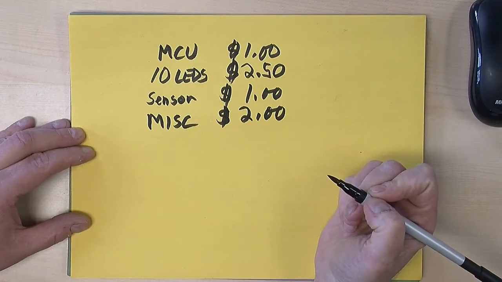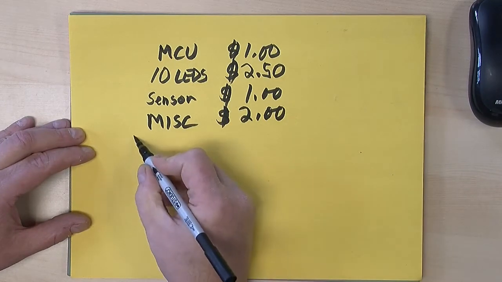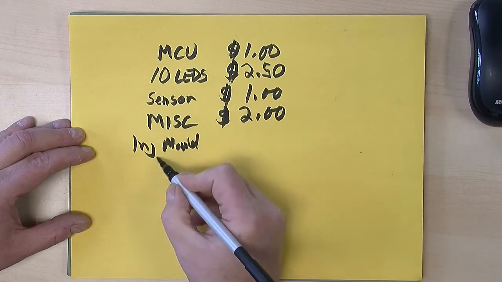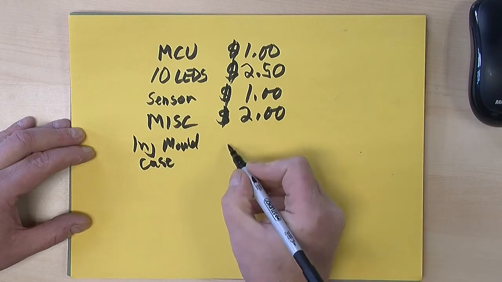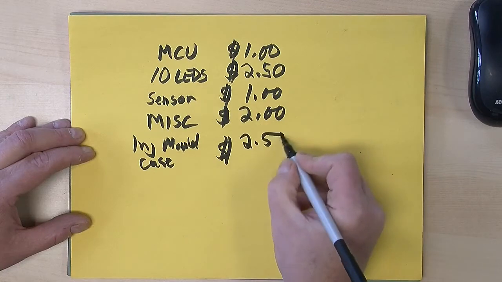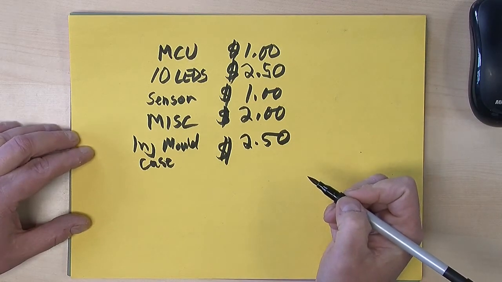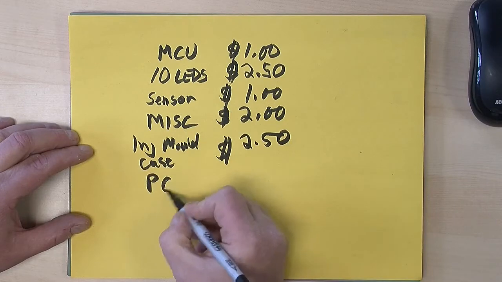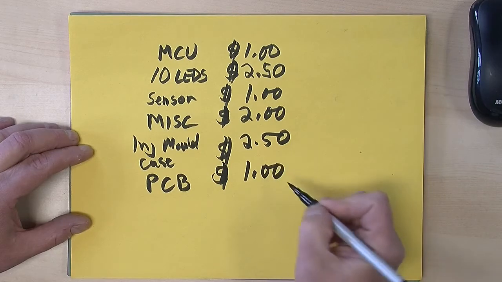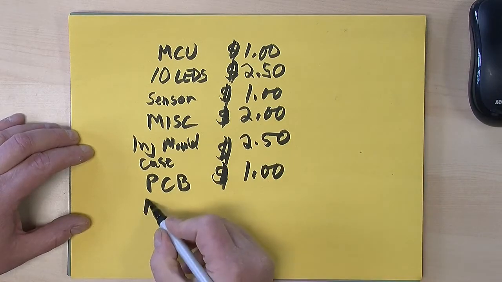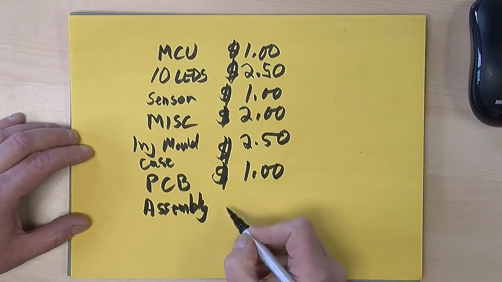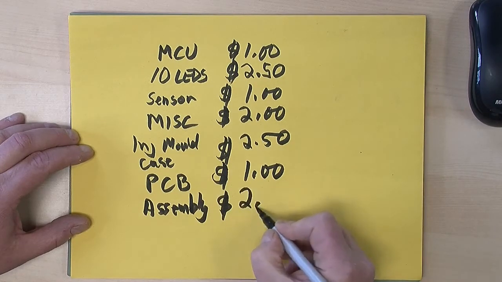Finally, the injection molded case and other plastic parts. Let's be generous there and say $2.50, because there are quite a few different parts to be done. The printed circuit board is tiny in quantity, easily less than $1. And probably assembly again in quantity, maybe $2.